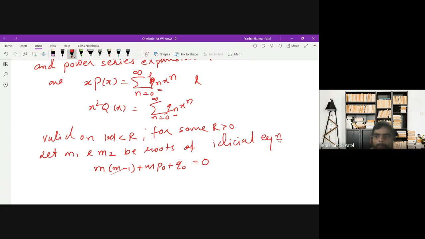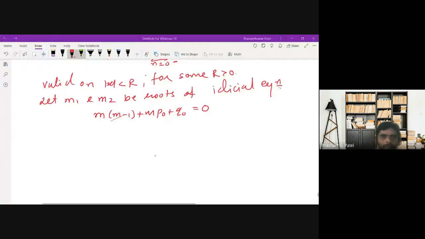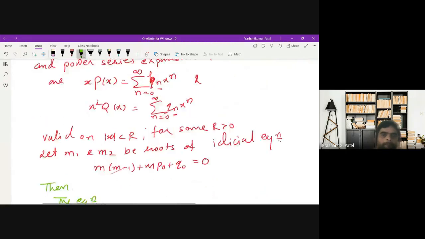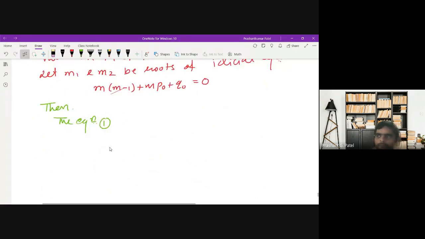Then the objective is, the theorem says that equation 1 has at least one Frobenius series solution.